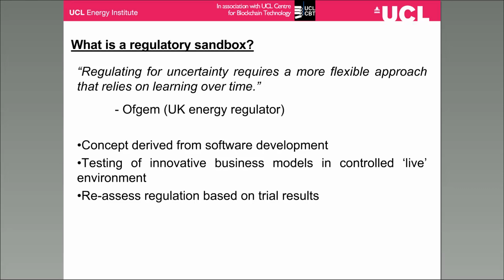Within a sandbox you can do that, even if it's not legal. So it allows you to trial something that is not allowed in law. The results of the trial are then used at the end to see whether policy or laws should be changed so that these business models can take place in real life and can become legal.